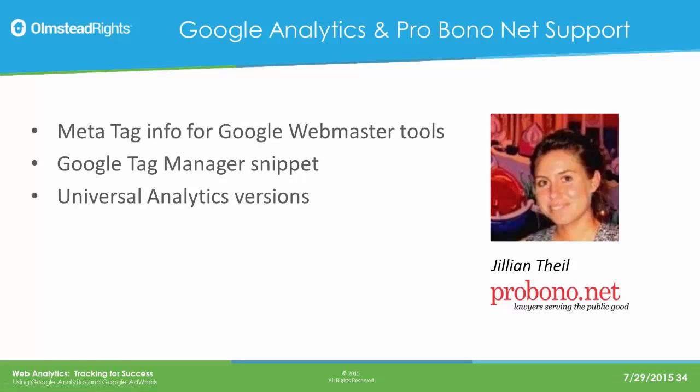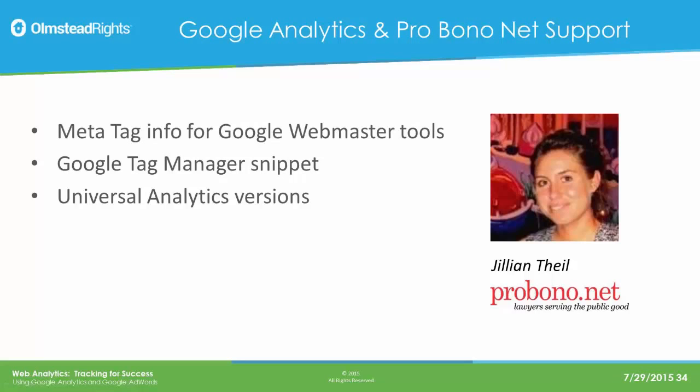So here's some information that we would need from you to implement this. And again, this is for folks on the Pro Bono Net platform. So we would need the meta tag information for Google Webmaster Tools and the Google Tag Manager snippet provided to us.